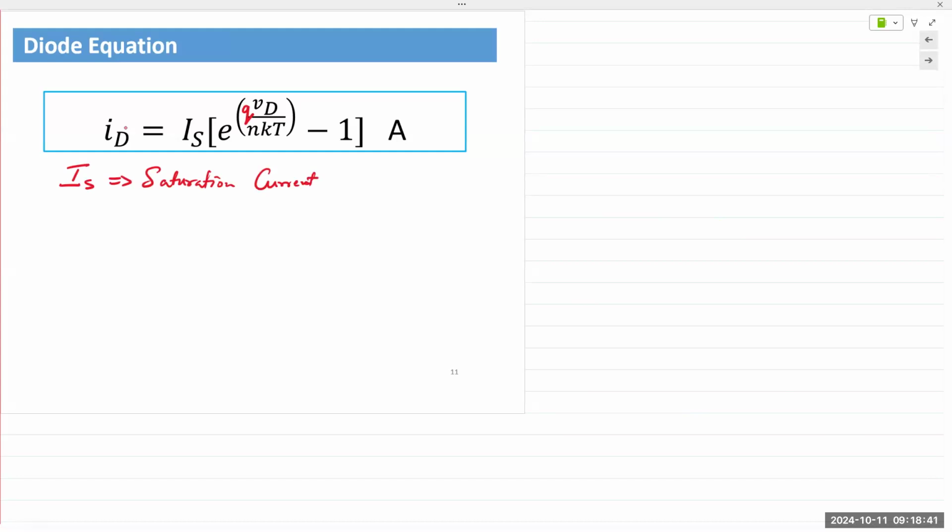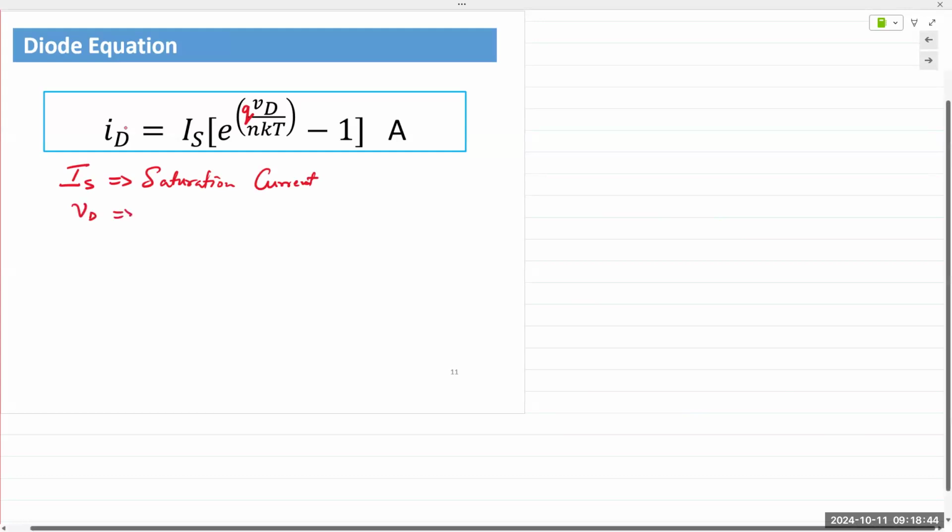Okay, so VD is, of course, diode voltage. Q is one standard charge. T is the temperature in Kelvin. K is the Boltzmann's constant.